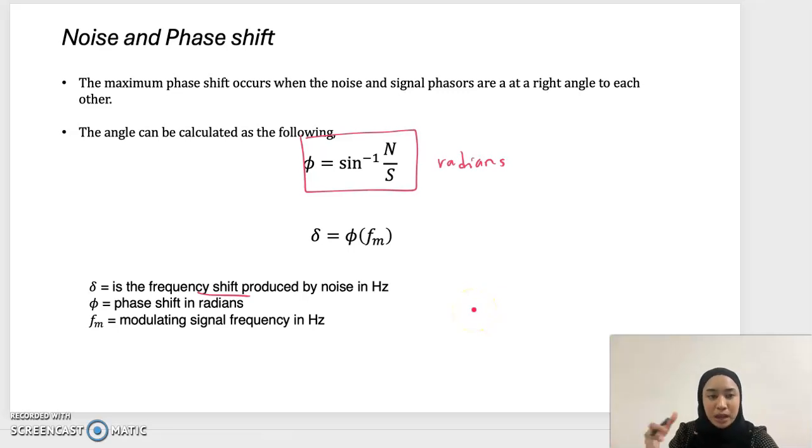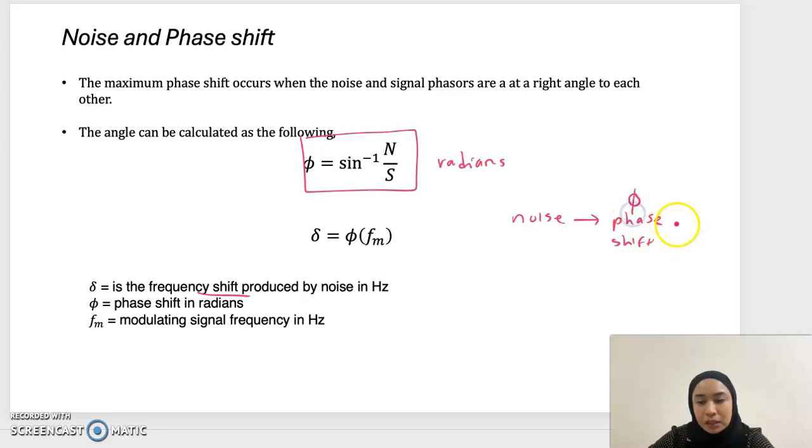So when you add the noise, you will get a phase shift. From the phase shift, you will get a frequency shift. Let's write that down. Phase shift, which is phi, and then you will get a frequency shift, which is delta.